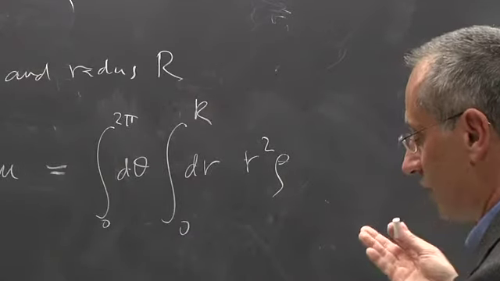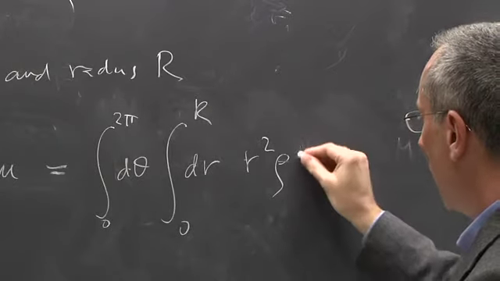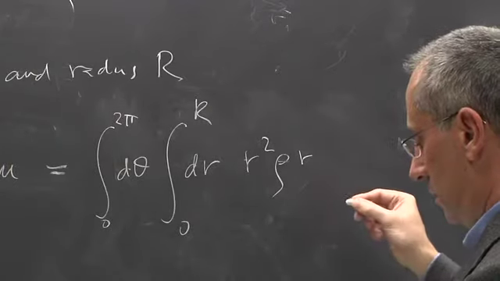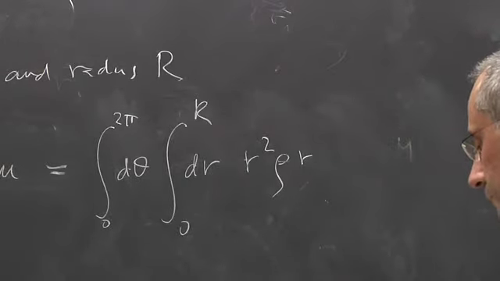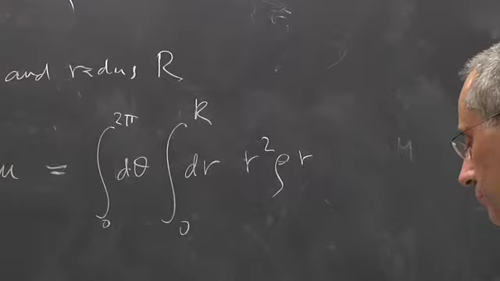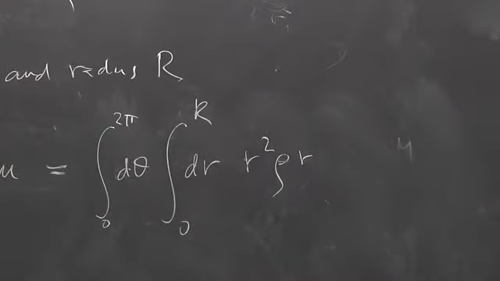Dm, again, is just, as before, rho r. Well, it's rho r dr d theta. I just wrote it there, okay? So you have to do this integral.